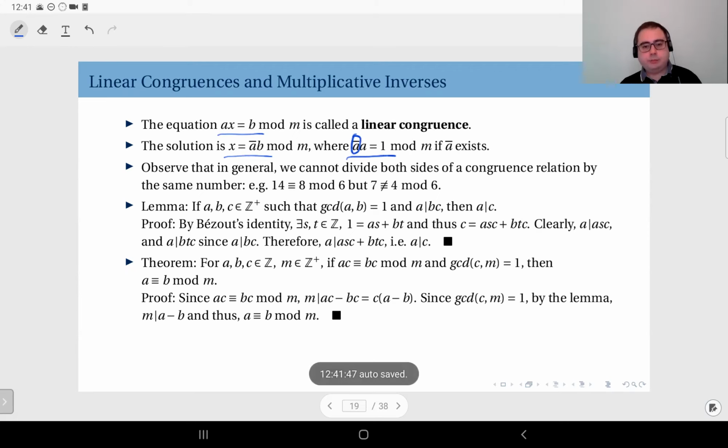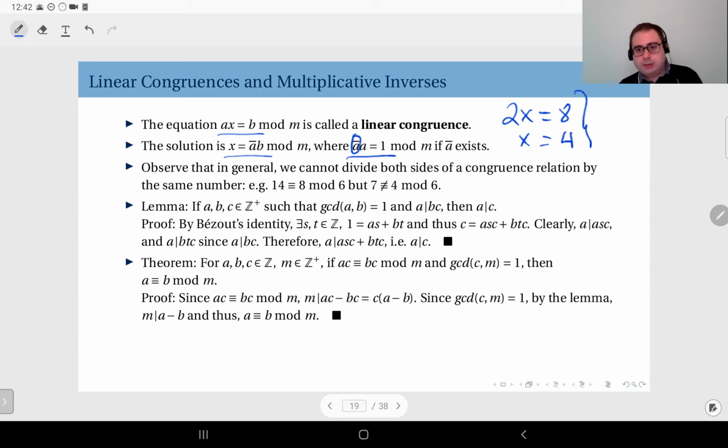Another important point to make: if you have an equation 2x equals 8, you can cancel out common factors in both sides to write x equals 4 in our usual arithmetic. But that is not the case in modular arithmetic, and we cannot divide both sides of a congruence relation by the same number.